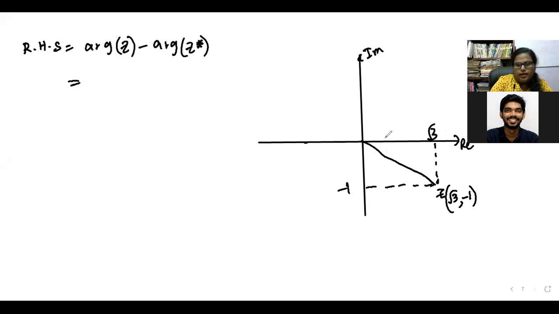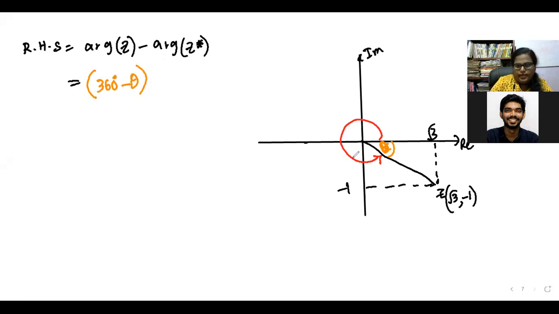So we have to take the arg value here. That means you have to measure this red color angle. In order to find this red color angle, you can take one of these two angles. I would like to take this alpha here. Since we used alpha before, I will use theta here, because arg Z equals 360 minus theta.